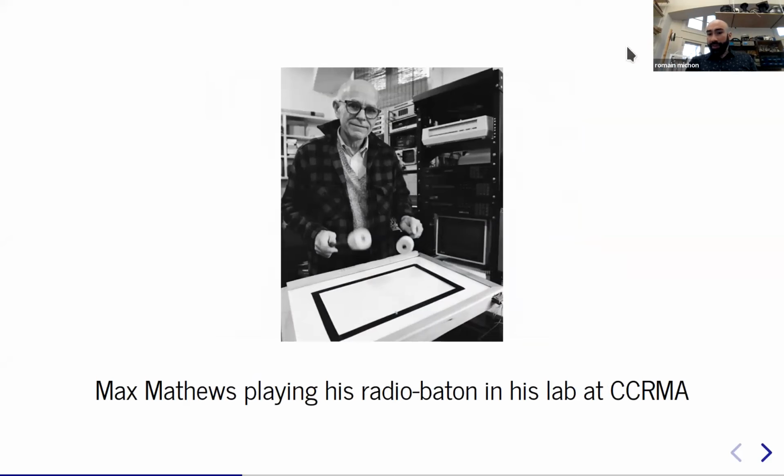So later, digital technology came. And this is a picture of Max Matthews, who's playing the radio baton in his lab at CCRMA. And it's kind of funny. I didn't do it on purpose, but you see this arch here, it's kind of the same as this one here.